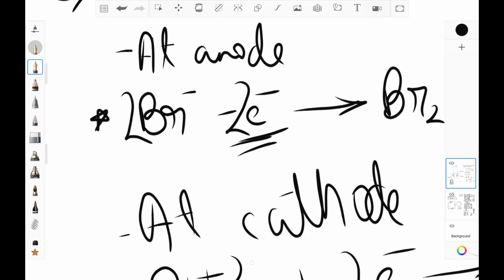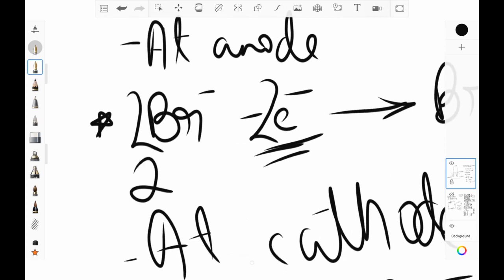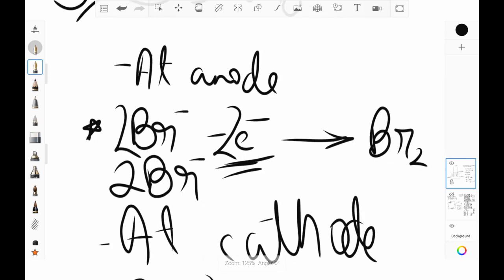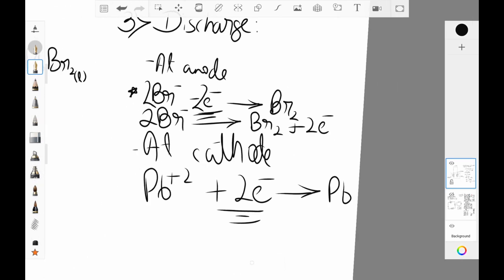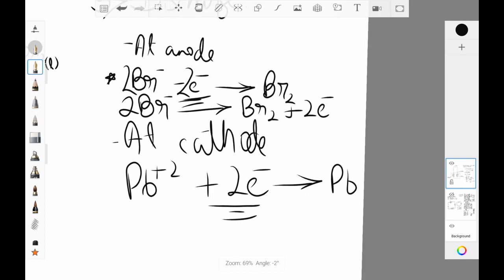But there is a preference in the scientific community to not put a negative symbol for something that's already negative. Electrons are already negative, so there's no point in putting a negative symbol in front of it. So alternatively, you can write the half equation at the anode as 2 bromide ions equals a bromine molecule plus 2 electrons. They are both correct, and either one will fetch you marks.